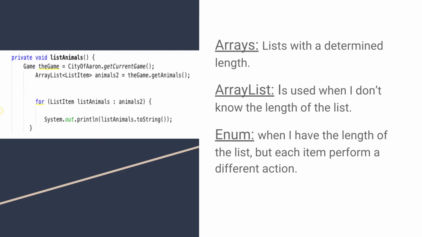But in my list, each day will perform a different action. So when the loop goes through this list, it will input or output a different action in all different items. So this was the way I could understand the difference between them.